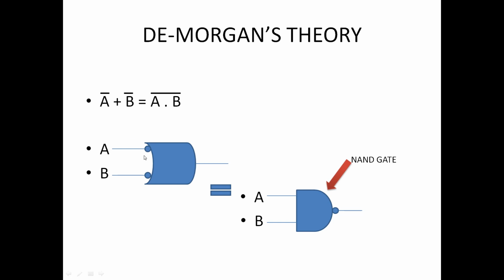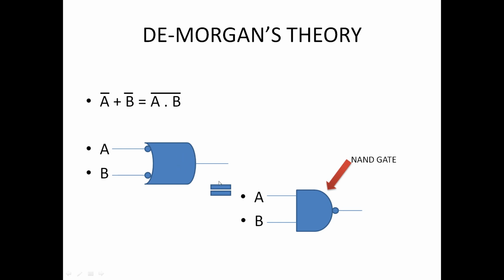Not A. So eventually not A is entering into this OR gate. And then also B came and hit this circle, making it become what? Not B. So eventually not B entered this OR gate. And then we have our output, that is not A or not B.